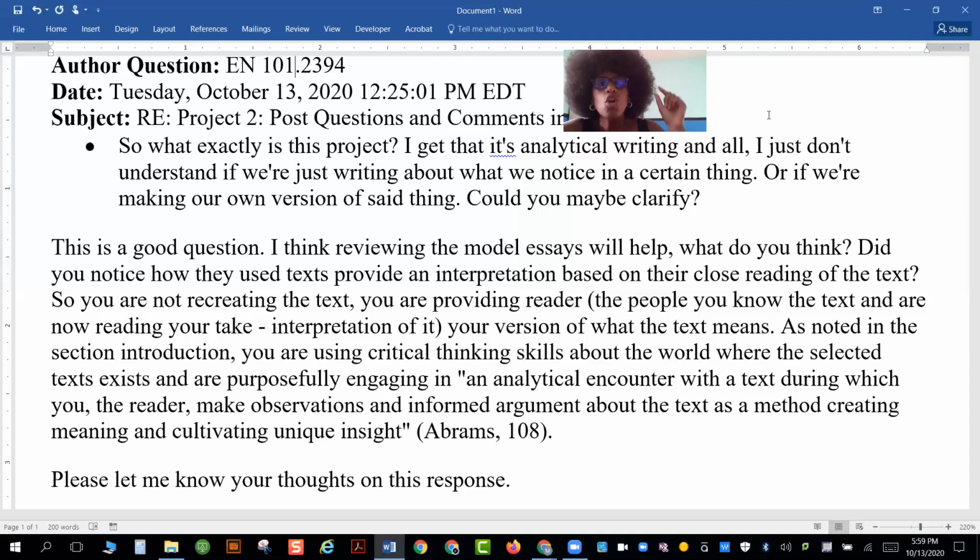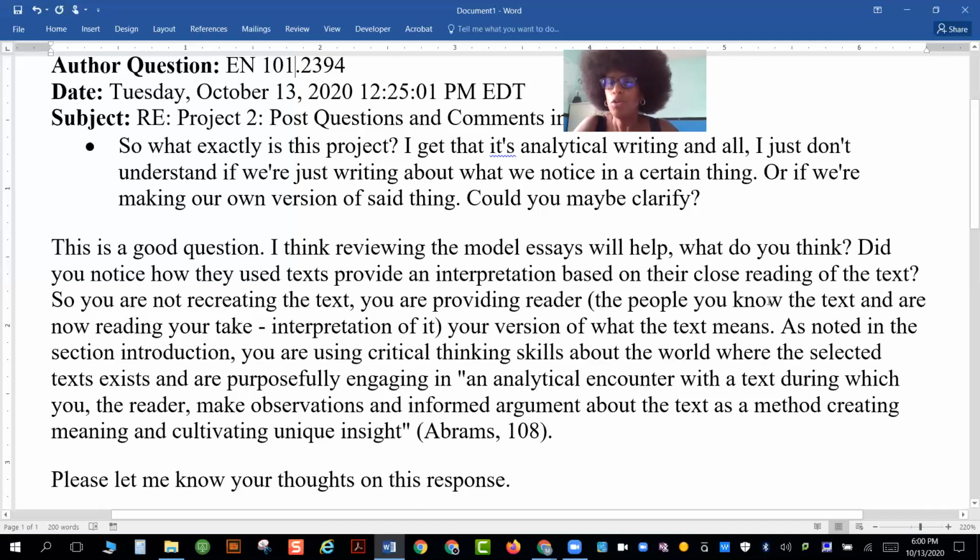So what I wrote is you're providing the reader, the people you know, the people you know that they know the text. So you don't have to worry about do they get it? They already know it. And they are now reading your interpretation of it.